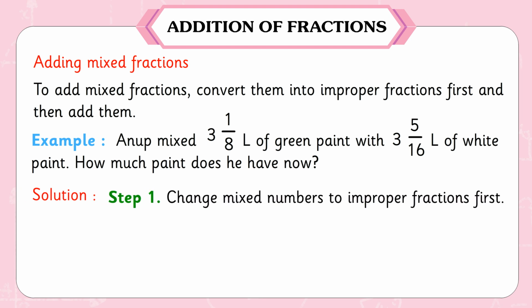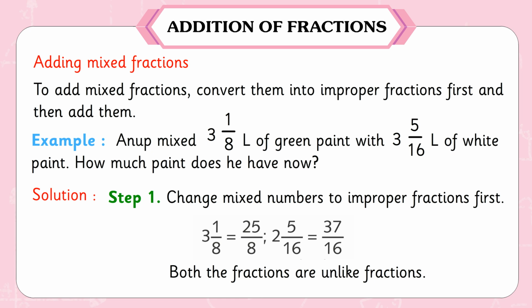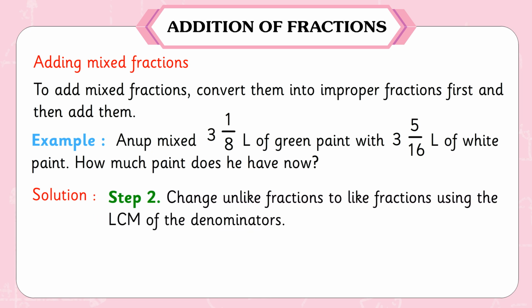Change mixed numbers to improper fractions first. 3 whole 1 by 8 is equal to 25 by 8. 2 whole 5 by 16 is equal to 37 by 16. Both the fractions are unlike fractions. Step 2. Change unlike fractions to like fractions using the LCM of the denominators.